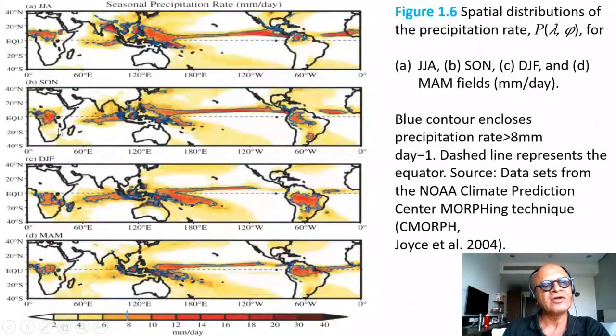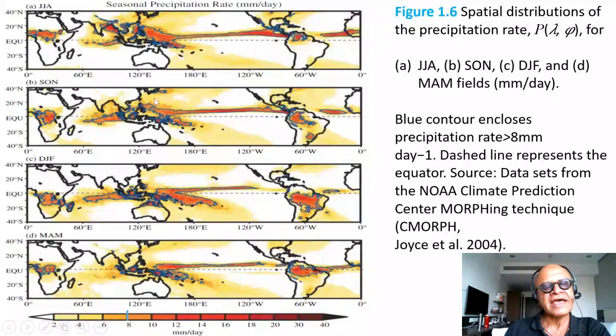So you will get rainfall over East Africa during both the inter-monsoon seasons, the so-called long rains in March, April, May, and the short rains in September, October, November. And West Africa has, of course, a so-called African monsoon as well.